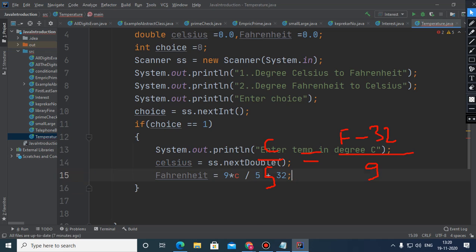This is the formula making F as a subject.